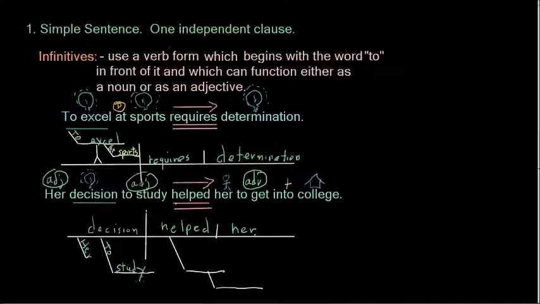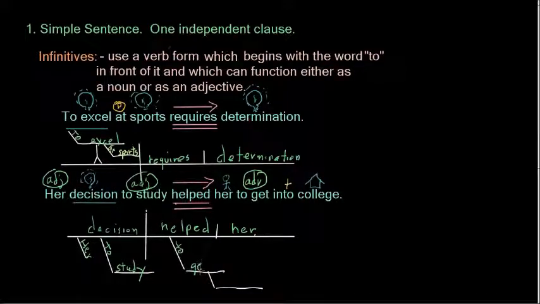Now, it looks like a prepositional phrase. The difference being, if this was a prepositional phrase, this would be a noun. In this case, it is a verb, and this whole phrase now is being used to modify decision. We also have an infinitive, to get, functioning as an adverbial phrase.